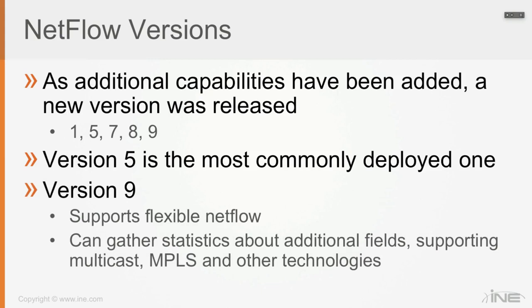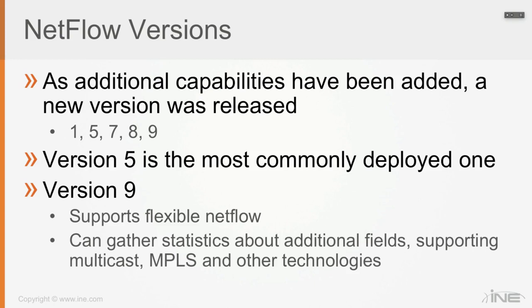Of course, both the collector and the network device have to support the same version, 5 or 9, because based on the version running, different formats are used for the flow statistics, and additional information is contained in the flow statistics, which means the exporter has to be able to collect that data, and the collector should be able to interpret that data.